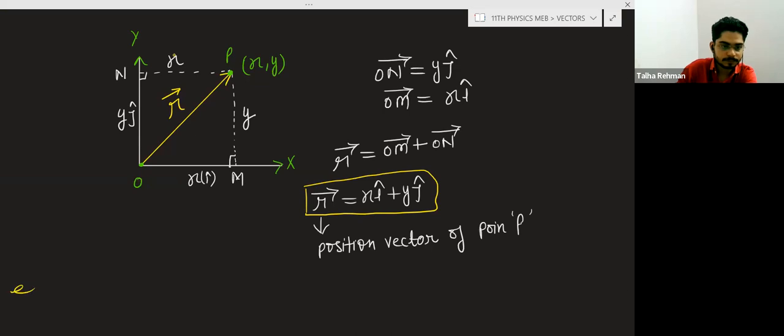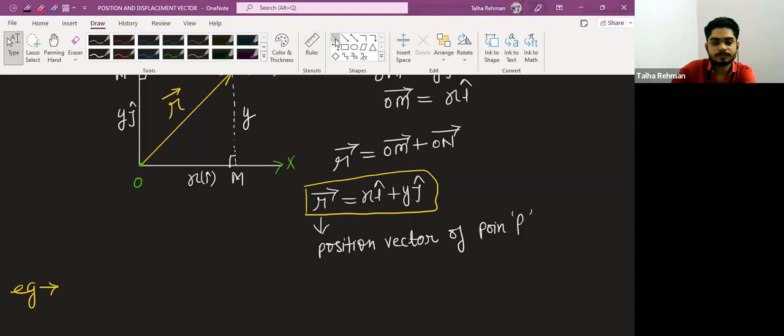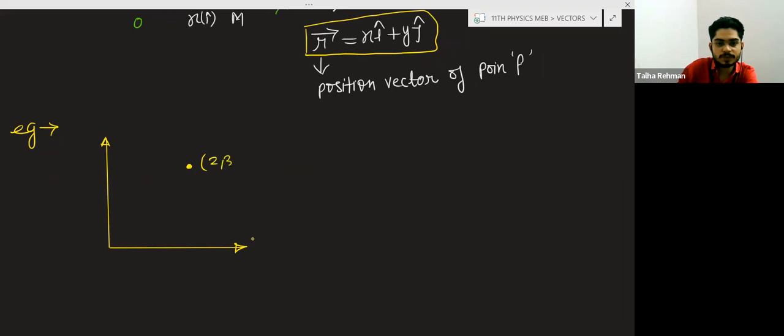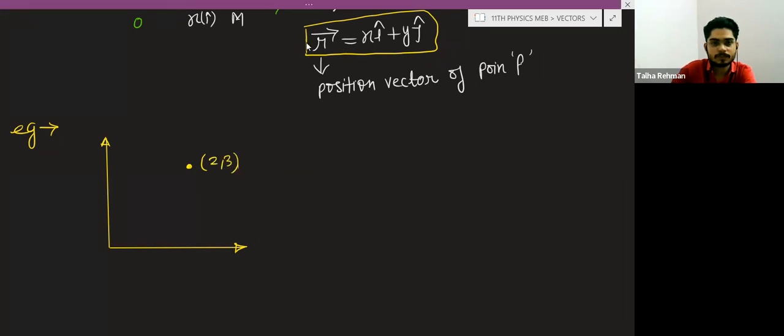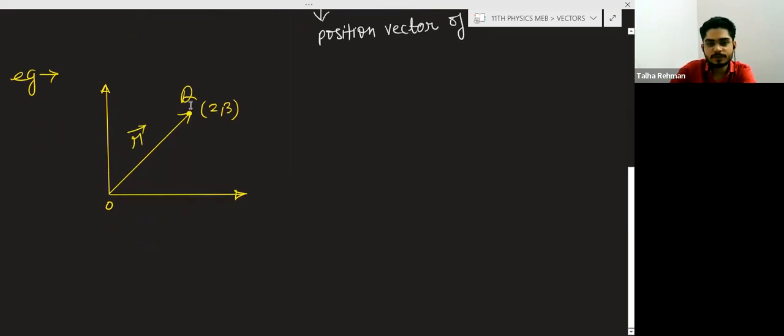For example, here is a point Q having the coordinates 2, 3, and we have to write the position vector of Q. How will you write this R vector?